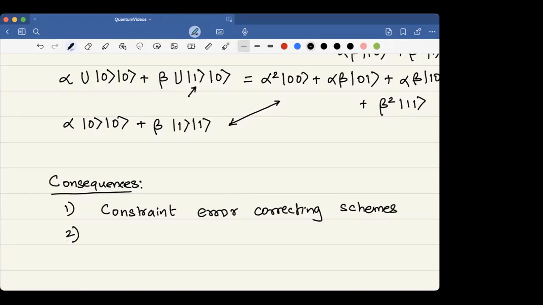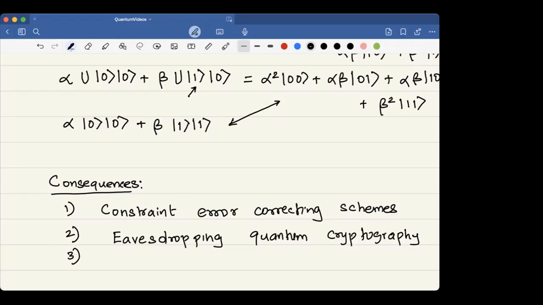Then also in quantum cryptography, because of this no cloning theorem the eavesdropper is unable to copy a transmitted secret string of qubits. So eavesdropping in a traditional sense is not possible in quantum cryptography. And the no cloning theorem also protects the uncertainty principle in some way.